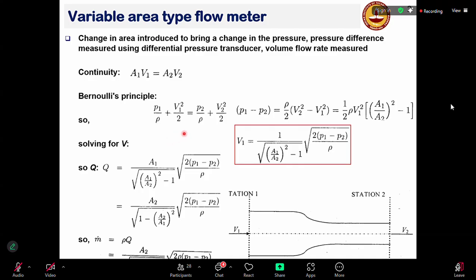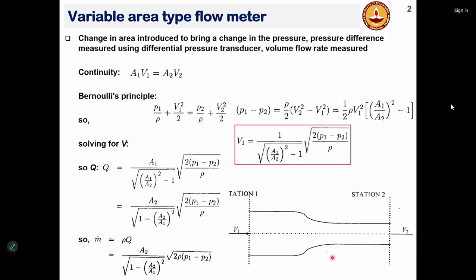Now this neglect of the datum head can be ensured by properly designing this variable area flow meter and installing it in an actual pipe whose flow rate you want to measure, right? So if the pipe is horizontal, there is no problem.